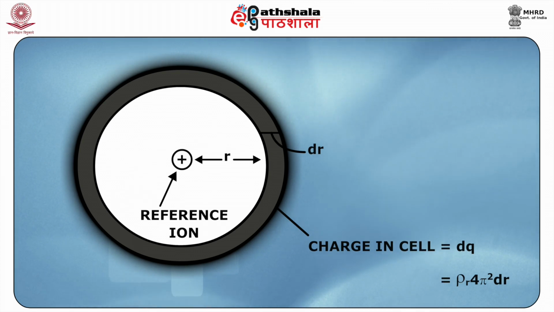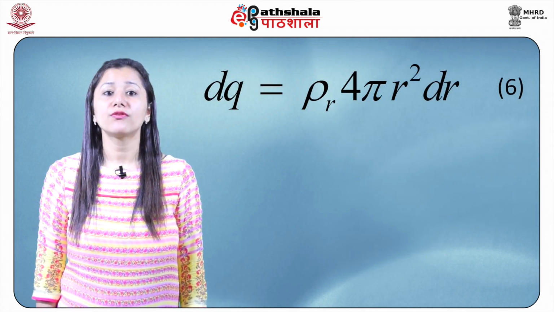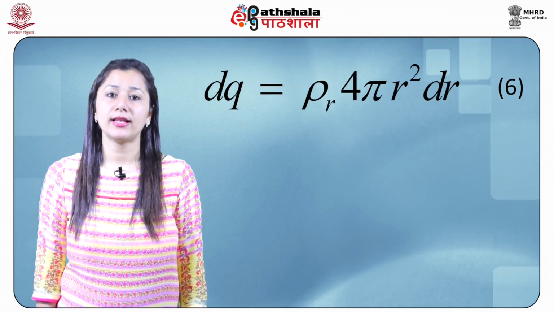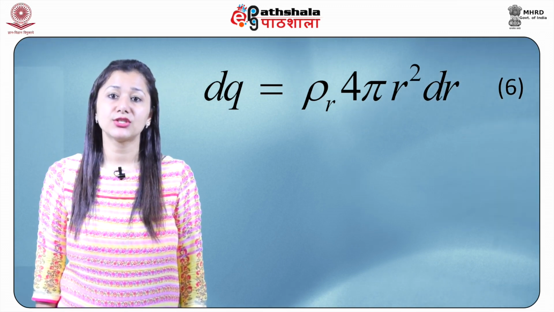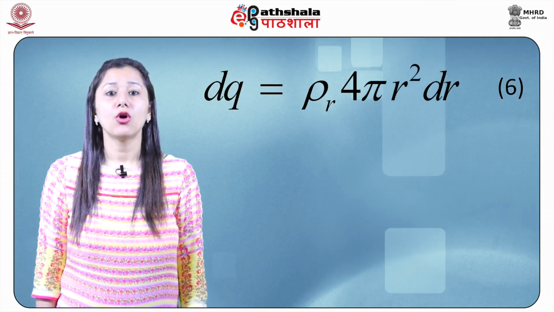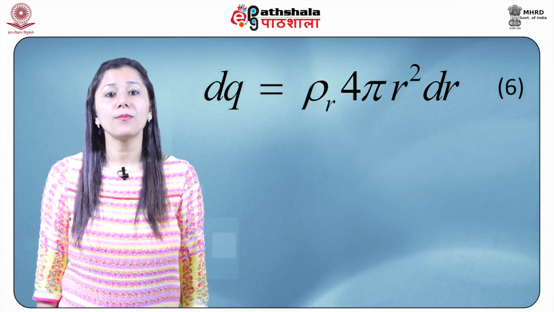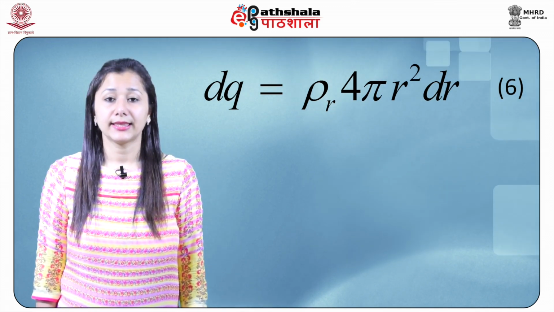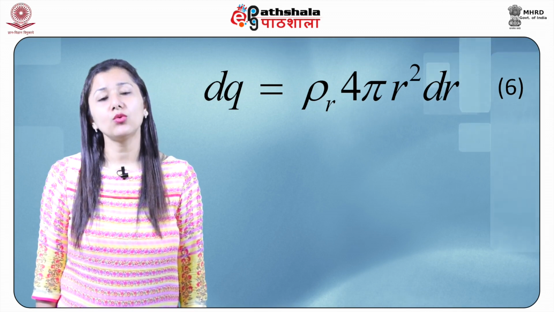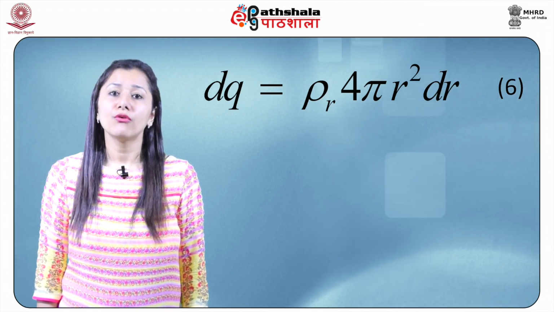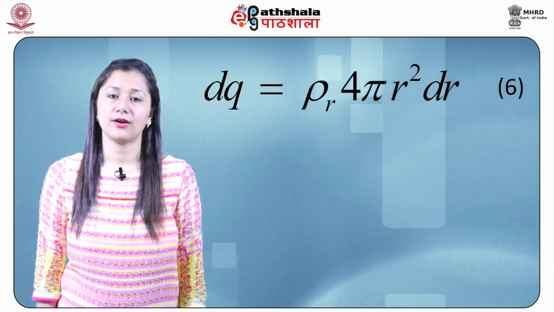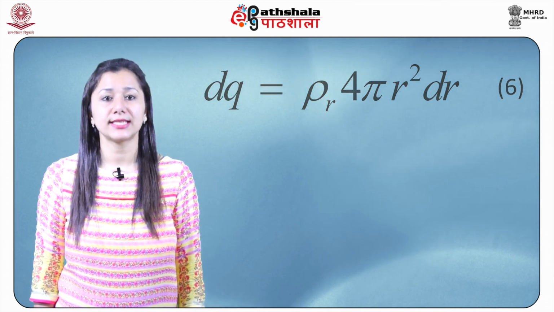This is depicted in the figure. The charge dq in this thin shell is equal to the charge density ρ times the volume of the shell, that is 4πr square dr. That is, dq is equal to ρ(r) into 4πr square dr. This is our equation 6.